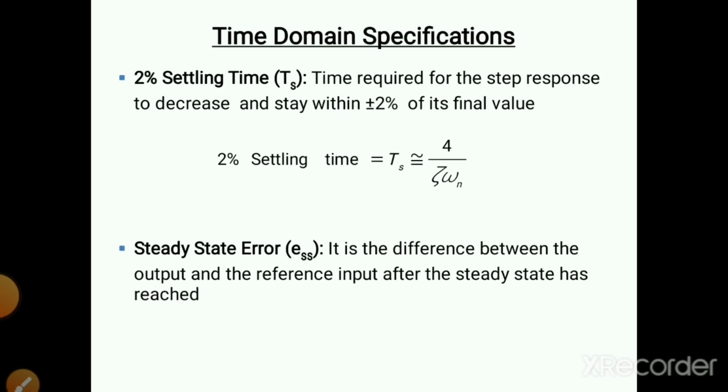And the last definition is steady state error. It is the difference between the output and the reference input after the steady state has been reached. Suppose steady state position is reached and still there is a difference between input and output, then that error is called steady state error. Okay. So these are the time domain specifications.